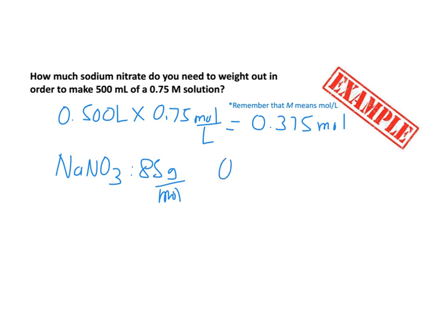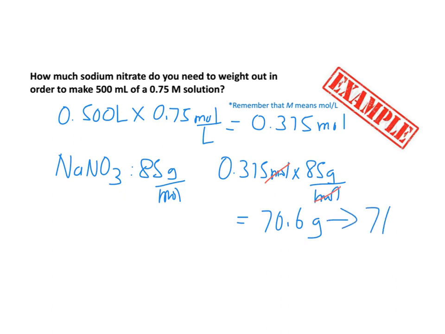So now we take 0.375 moles multiplied by 85 grams per mole equals 70.6 grams, because here the moles cancel out. And then finally we round to two significant digits, that's 71 grams. That means we need to weigh out 71 grams of sodium nitrate in order to make 500 milliliters of a 0.75 moles per liter solution.